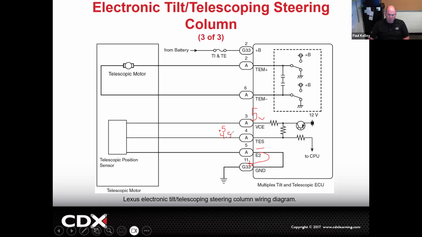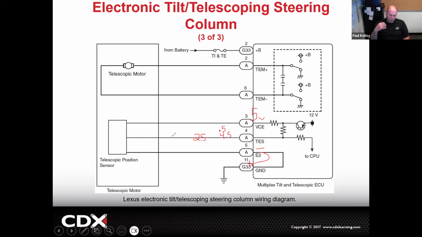If it's all the way up, that's 4.5. If you're dead center, what do you think that's going to be? That'd be 2.5, right? So this middle wire is the one that actually indicates the position.